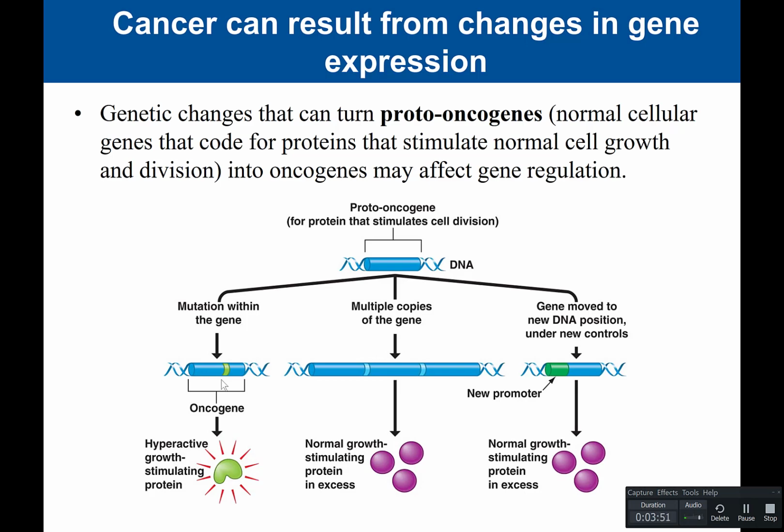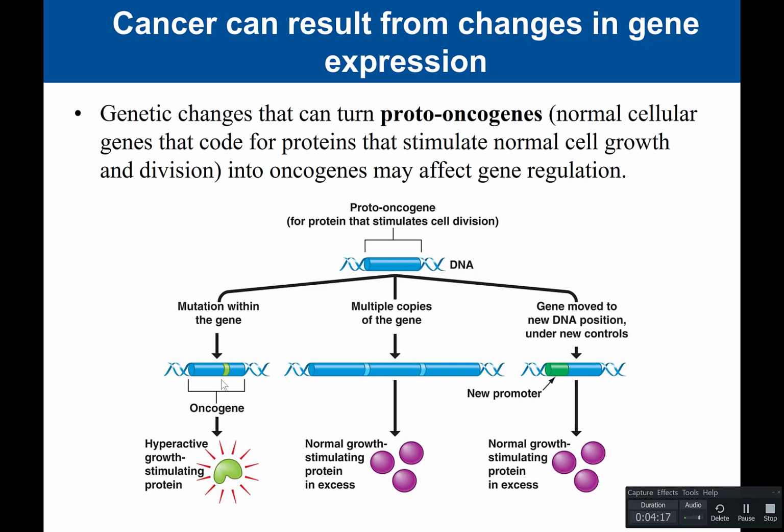So when we get this mutation within the gene, it now takes that proto-oncogene that normally tells the cell to divide but is also regulated, and it turns it into an oncogene. And an oncogene can cause cancer. And so in this case, it might lead to a hyperactive growth stimulating protein.